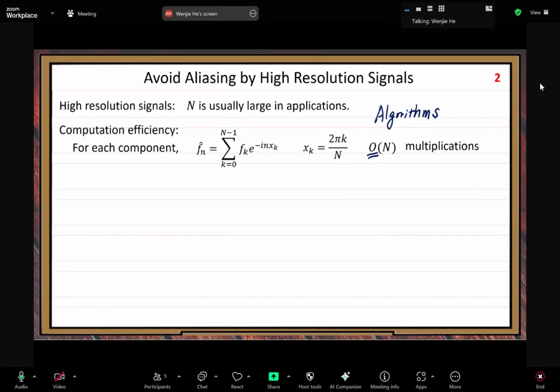Here, let me give you a short description, because we cannot spend a lot of time learning knowledge in computer algorithms. This big O notation we call the asymptotic notations in computer algorithms.